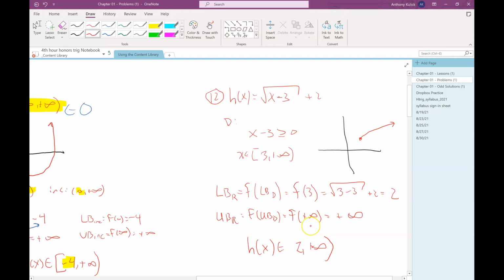The question becomes, is 2 getting a bracket or a parenthesis? Since my y-coordinate of 2 comes from the x-coordinate 3, and 3 is included in the domain, 2 should also be included in the range. And that's it.